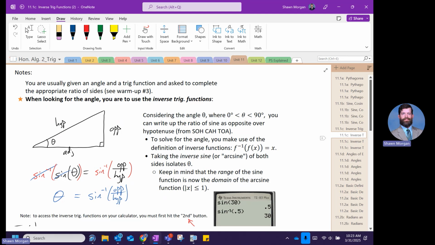Any of those 3 will get you your answer for that angle, whatever floats your boat. If it's an example like this, a 3, 4, 5, we could do literally any of the 3. But maybe I only gave you the 4 and the 5. Now you're going to use inverse cosine.